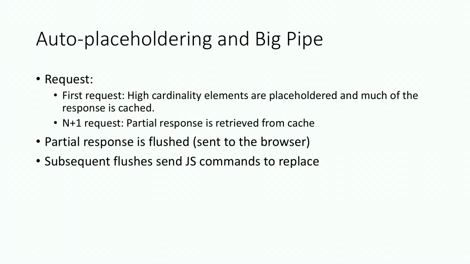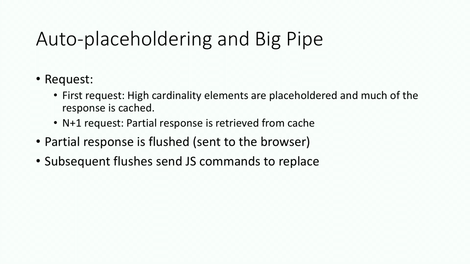With Drupal, I believe it was either 8.4 or 8.5, the BigPipe module became non-experimental, so it's stable. It's another render strategy, and instead of a single flush, it uses multiple flushes, and it's pretty ingenious the way it works.